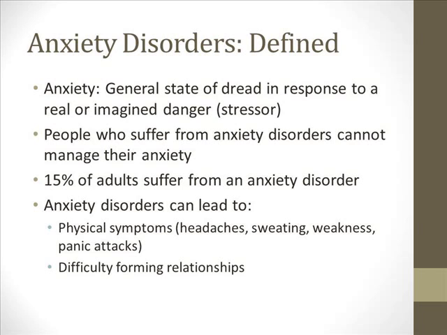What people that are, again, thought to be healthy in terms of their mental state can do is they can manage it. They can manage the anxiety so it doesn't take over their lives. People that have an anxiety disorder are the other side of that coin. They're suffering from this and cannot manage their anxiety. It's leading into a number of different things that are not allowing them to live a normal life. About 15% of adults around the world suffer from some type of an anxiety disorder.